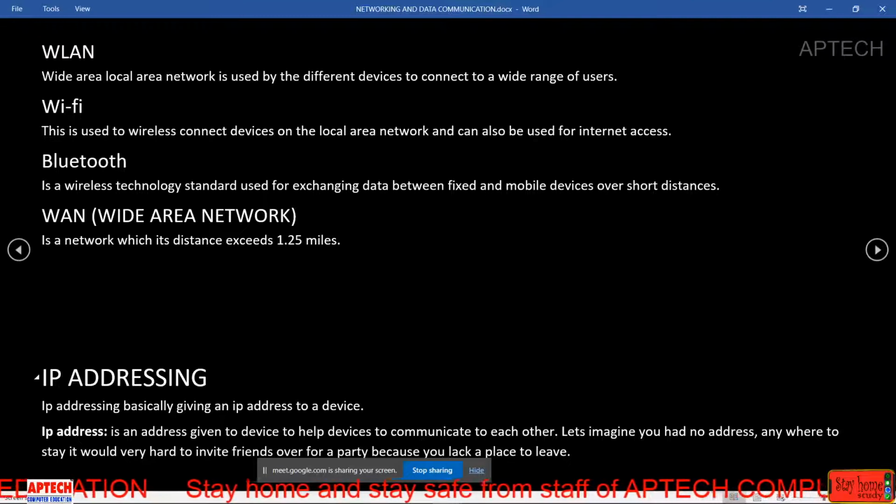I'm trying to get you a good picture of it. If you want to connect different devices, by giving you an IP address, you're able to connect to different devices. It's more like your name or your alias on the internet. You get my point?